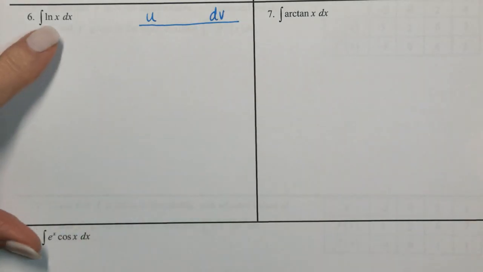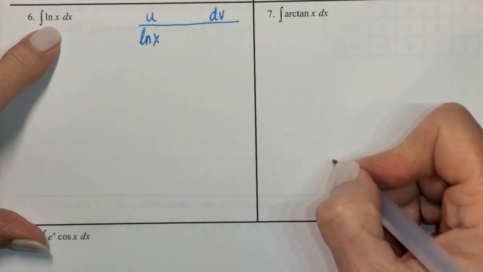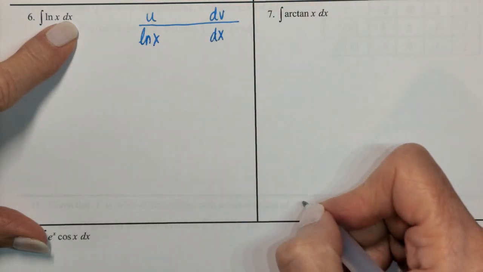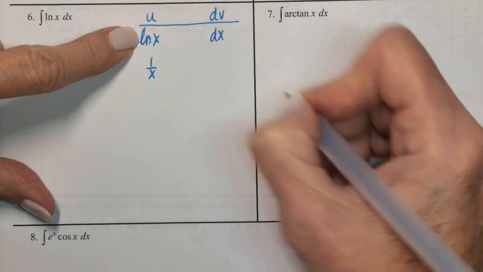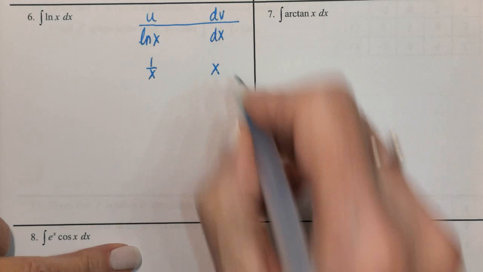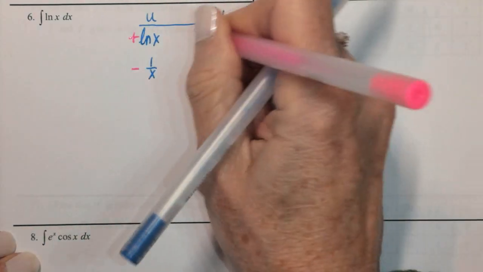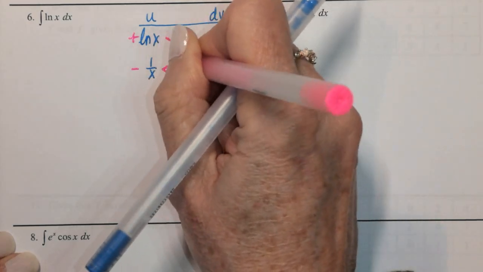All right, we have an ln, so that's our u, ln of x. dv is everything else, so dv is dx. The derivative of ln of x is 1 over x. The integral of dx is x. Plus, minus, multiply diagonally, integrate horizontally.